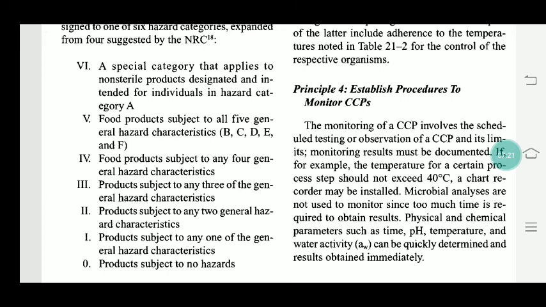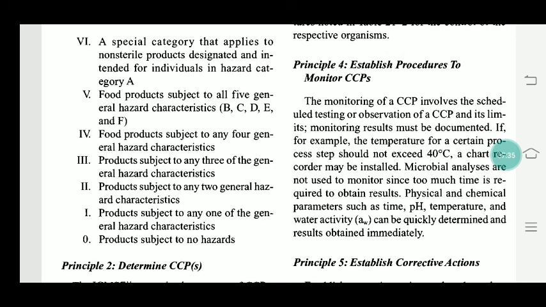Then food products subject to any 4 general hazardous characteristics. If it has only 4 characteristics, it is going to be in category 4. Then third category, products subject to any 3 of the general hazardous characteristics. Then products subject to any 2 general characteristics, products subject to any 1 hazardous characteristic, or products having no hazard condition.